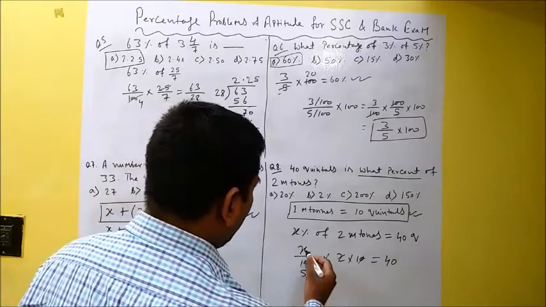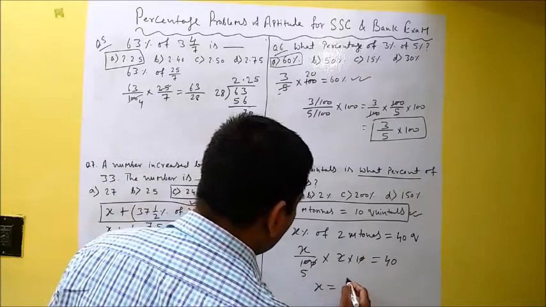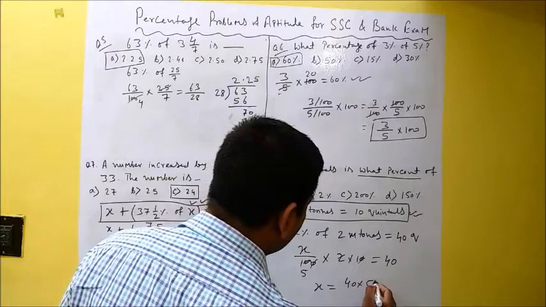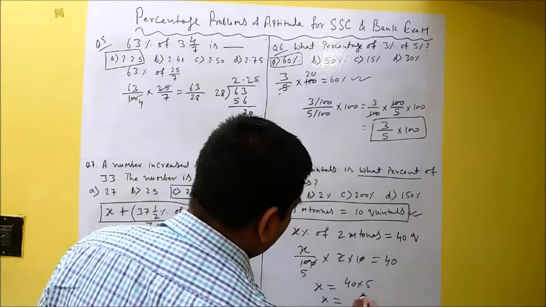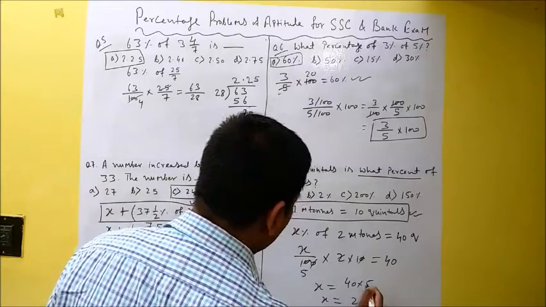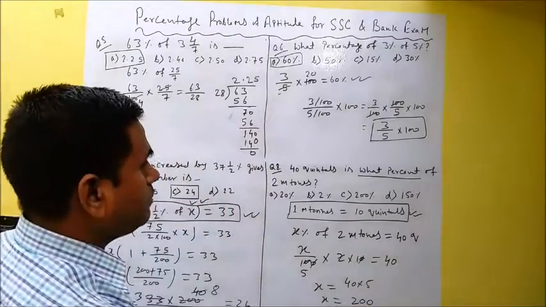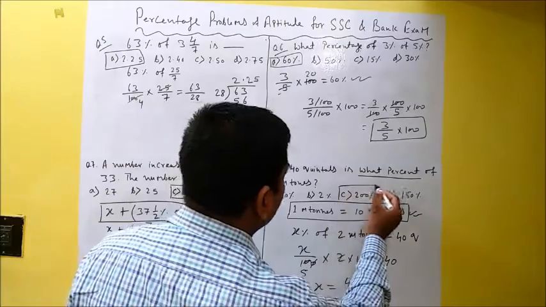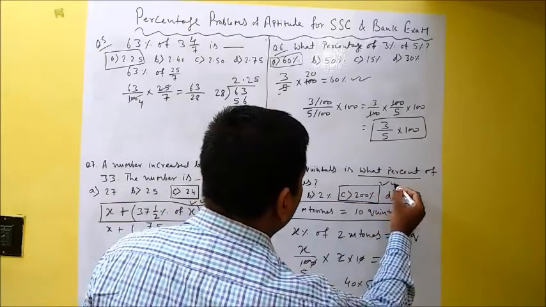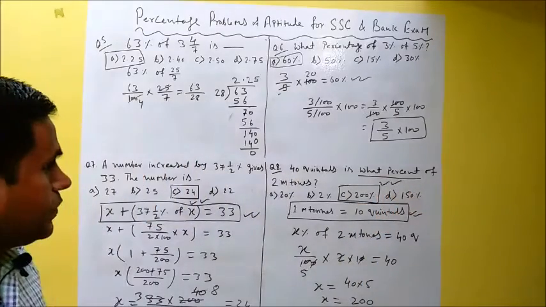Now x is equal to 40 into 5. So x is equal to 5 4s are 20, and then 0. x is equal to 200. That means 200%, which is option C. This is the correct answer.